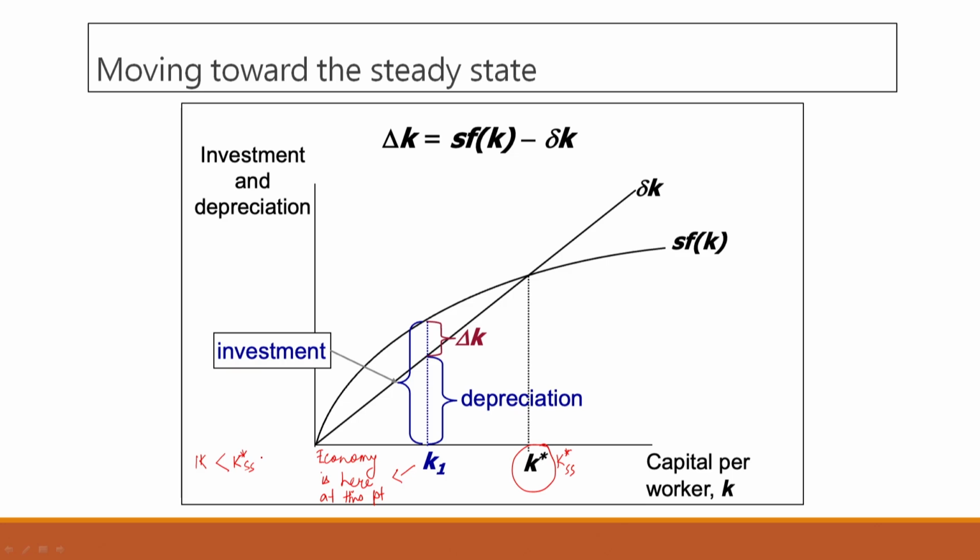So, we are below the steady state. Let us suppose this is the situation, and this is taken to be a very common situation. Then the question is, what happens to this particular economy?